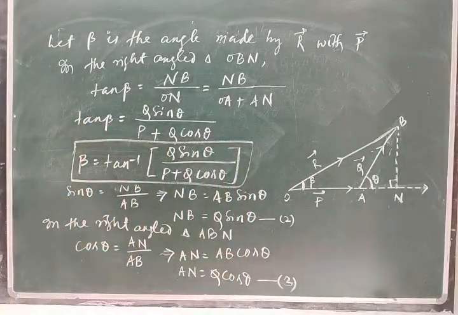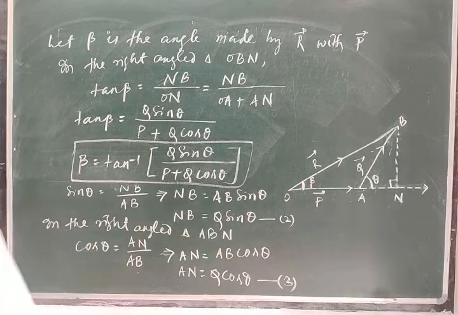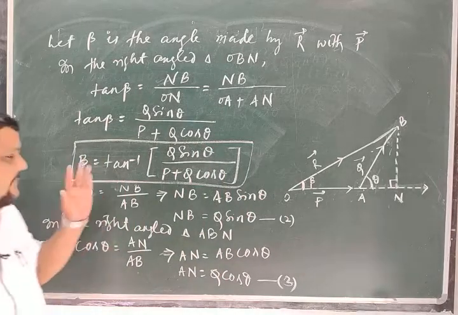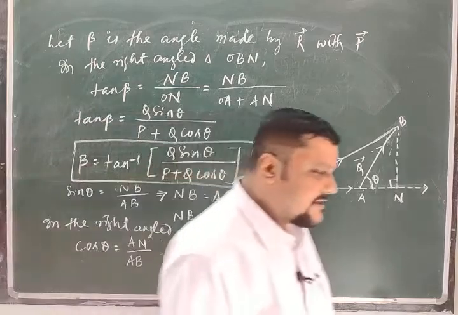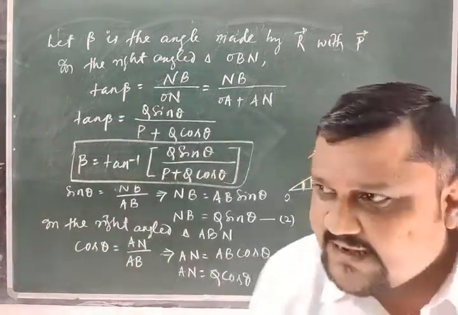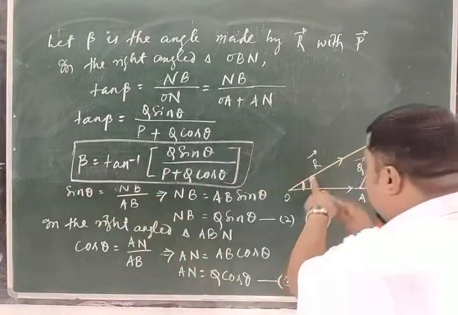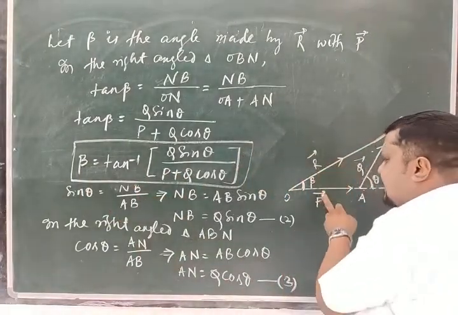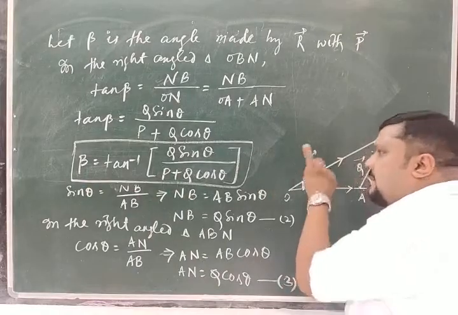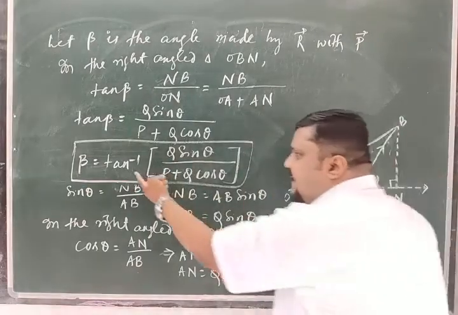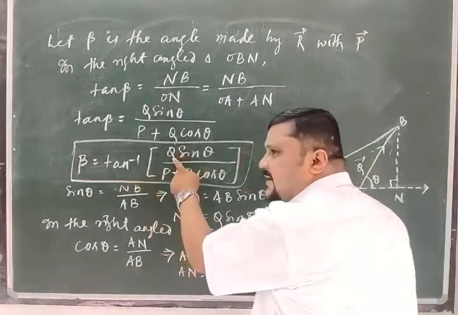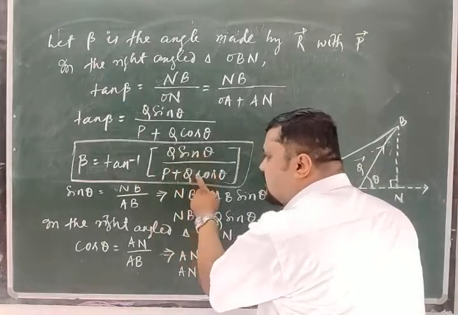Okay. So we got the magnitude of R as root of P square plus Q square plus 2PQ cos theta, and when you calculate the direction of R with P, I have taken here that R makes an angle beta with P. If it makes an angle beta with P, then I am getting tan inverse of the other vector Q sin theta by P plus Q cos theta.